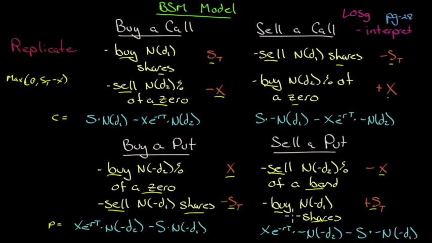And if we're selling a put, all we do is change the negative sign inside the brackets. So going from the call to the put is easy. But remember, there's a negative sign outside for selling, because we're selling.